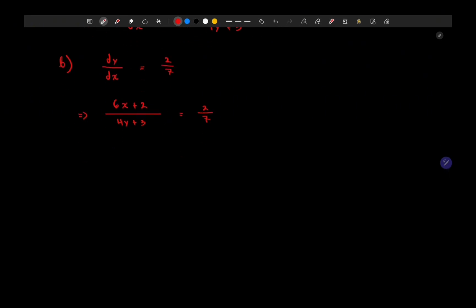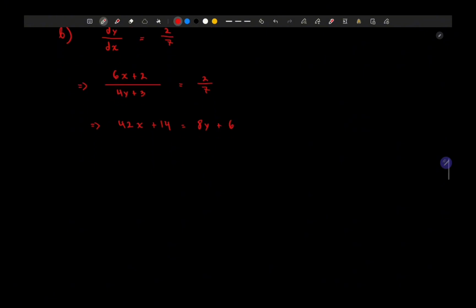So from this we will get an equation. This will be 42x plus 14 is equals to 8y plus 6. Now if we make y the subject, we get 42x plus 8 over 8.